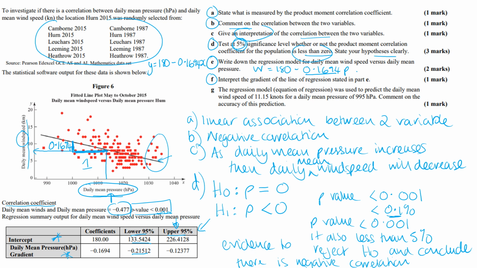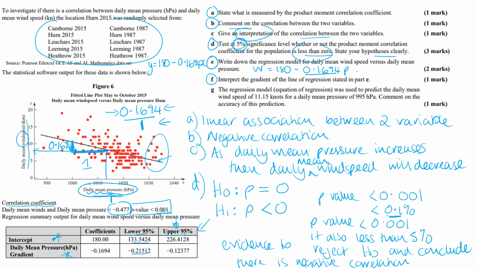In order for me to have a gradient of minus 0.1694, you'd have 0.1694 divided by 1. When you're doing gradient, you have to have rise over run, so you can just put a 1 on the bottom, which means for every 1 along whatever's on the x-axis, then the fall on the y-axis, because we've got negative, is going to just be that value of the gradient.